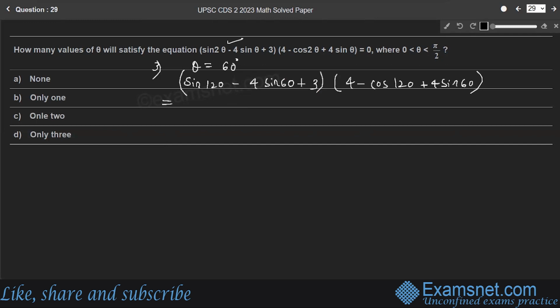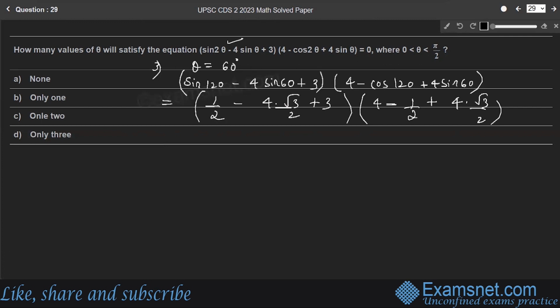Since sin 120, which is sin (90 plus 30) degrees, is 1 by 2, minus 4 into root 3 by 2, plus 3. And the second factor becomes 4 minus cos (90 plus 30), then 4 into sin 60, which is root 3 by 2.